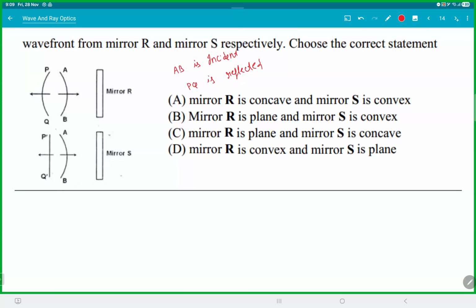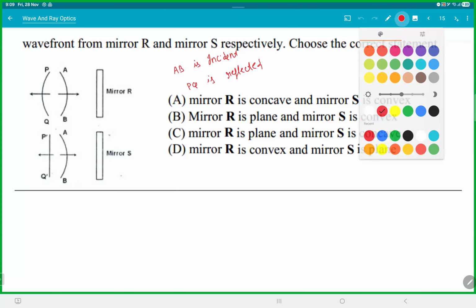I told you whenever you give questions like this, convert the wavefronts into light rays. Then it will be easy to see. So how do we do this?